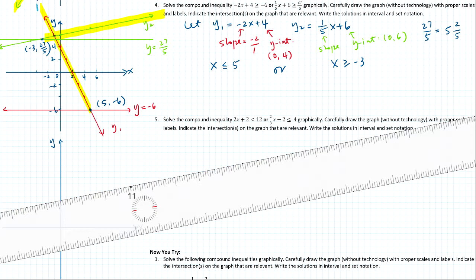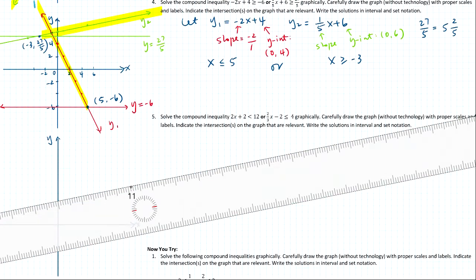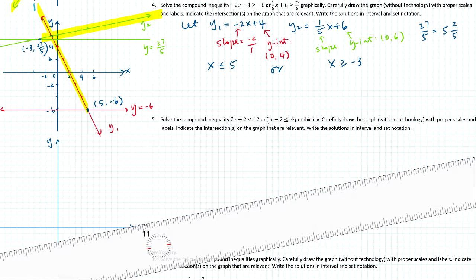We don't have any bound overall when we're looking at a combination of the two line segments over here. And in this case, we would actually have the result telling us that we can have all real numbers in the solution.